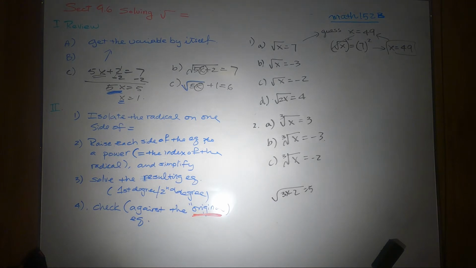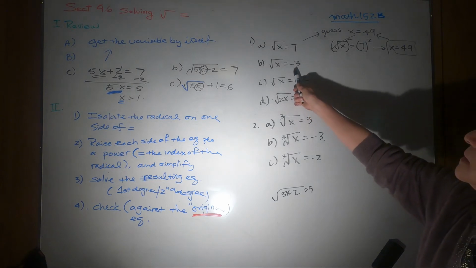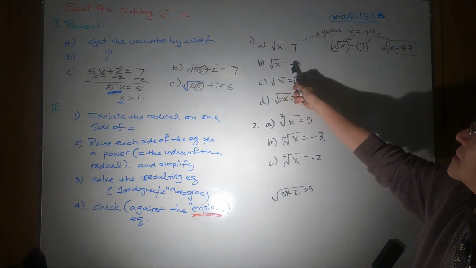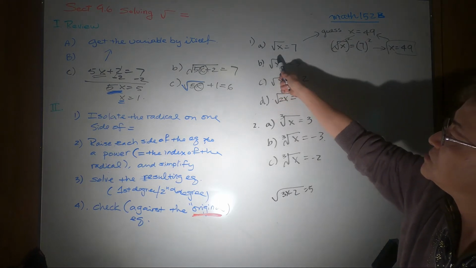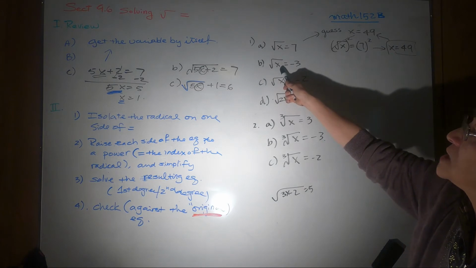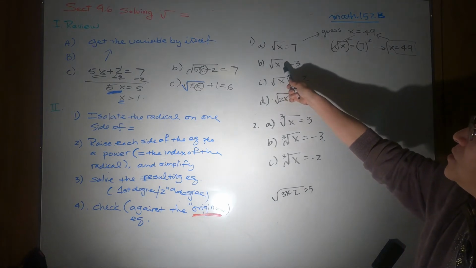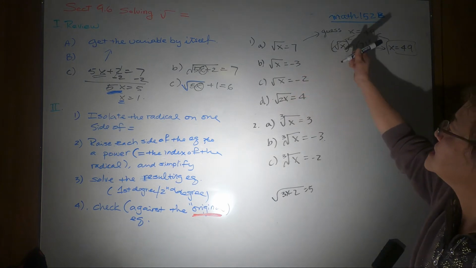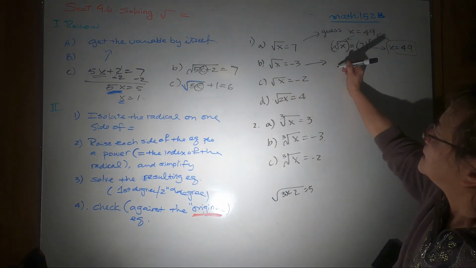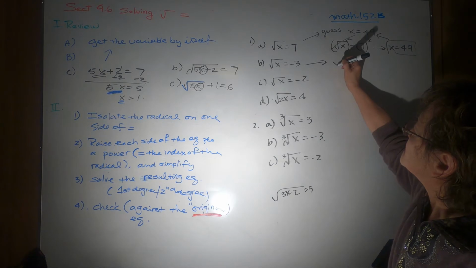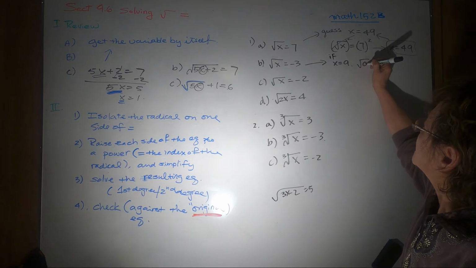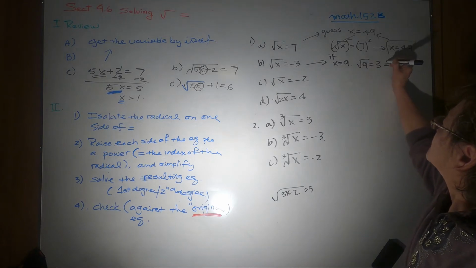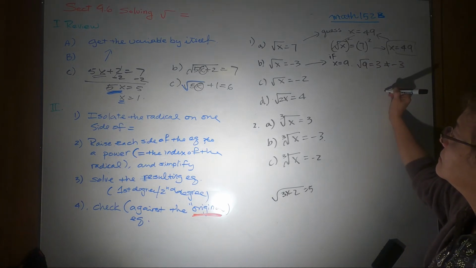Right? Let's look at this one. What happened? Anything you take a square root of with this symbol, you will always get what? A positive number or it doesn't exist, right? So for this one, if x is 9, then the square root of 9 is 3, not -3, right?